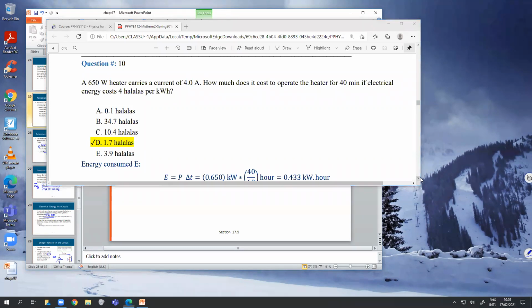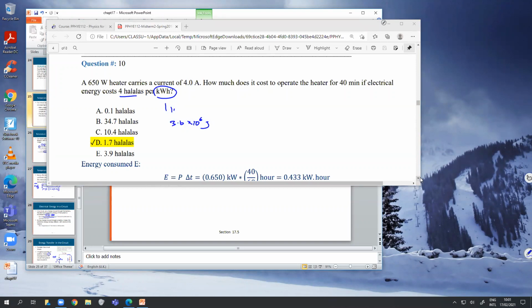Instead of joule, I use kilowatt hour, because 1 kilowatt hour, which is 3.6 million joule, costs only 4 halalas, not even 1 riyal. I don't know the actual price, I'm just putting some numbers there. I hope it's close enough.